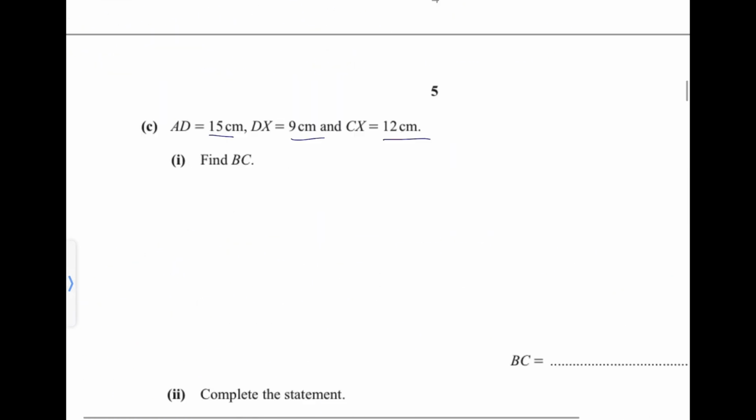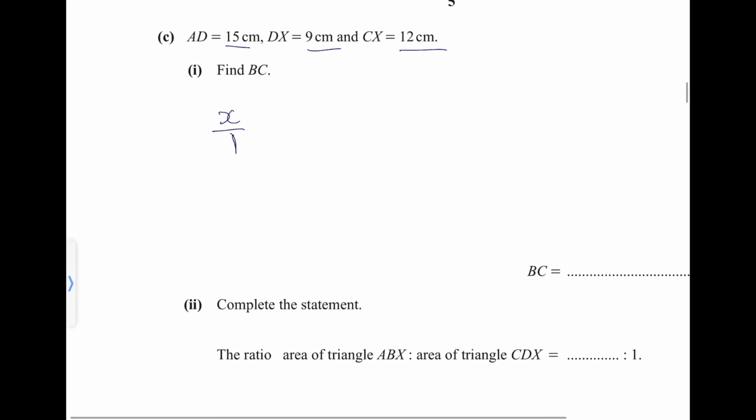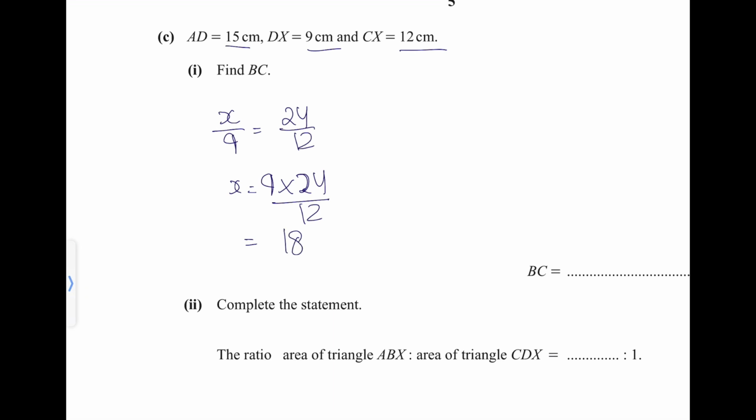Just working it out here for you guys. So BX over 9 is equal to 24 over 12. BX is equal to 9 times 24 divided by 12, which is equal to 18. And BC would be 18 minus 12, which is 6.